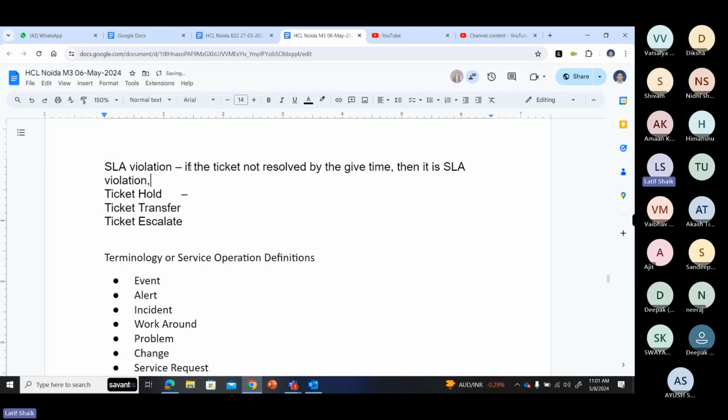So if you do an SLA violation, it is not good for you, because you are responsible for your ticket.